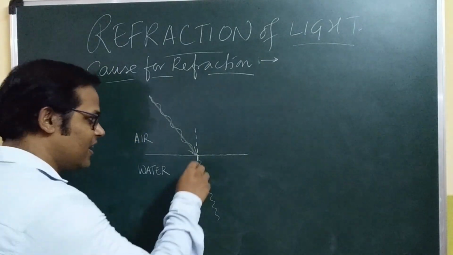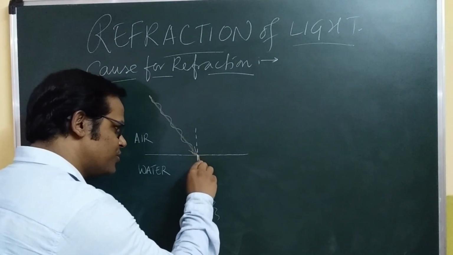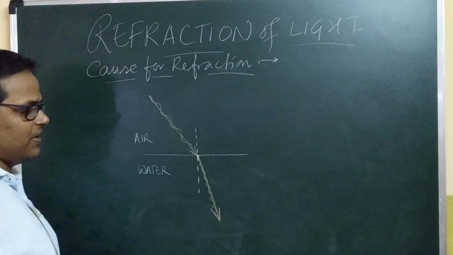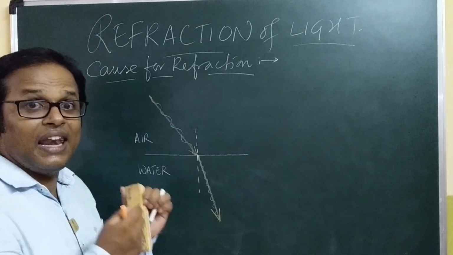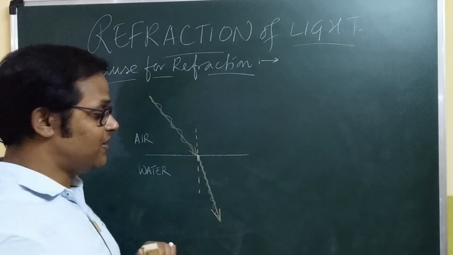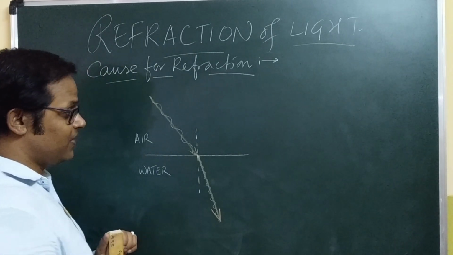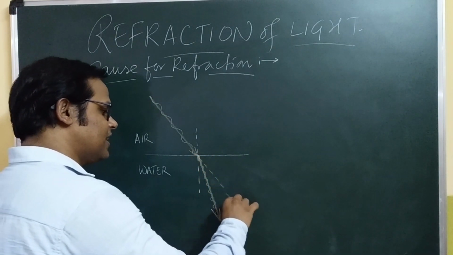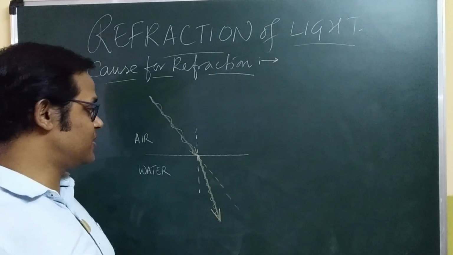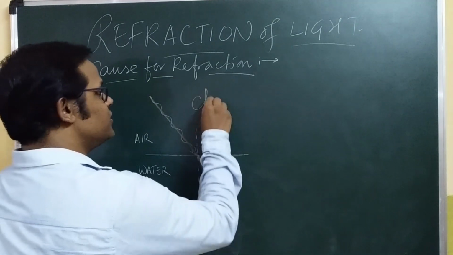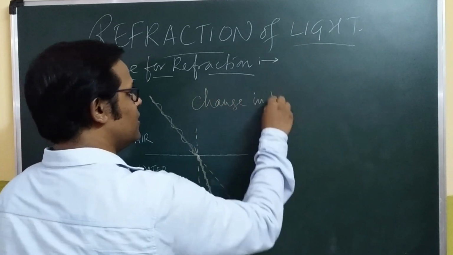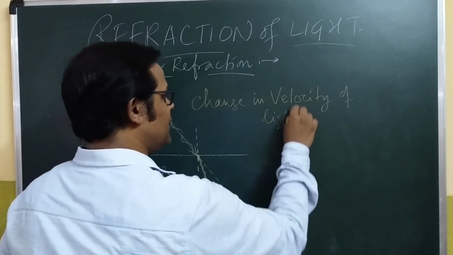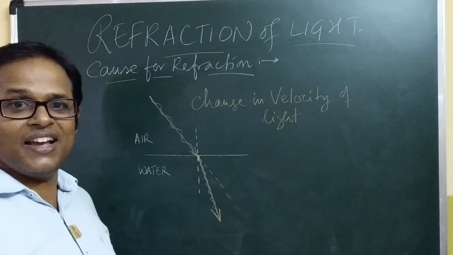It means to say the direction of propagation has changed, and what has changed in the visuals, if you can focus properly, is the wavelength of the light wave has actually decreased. Alright, so rather than going in the original straight path, in this case the light has actually bent inwards, and the reason is the change in velocity of light. That means the speed as well as the direction of light changes.